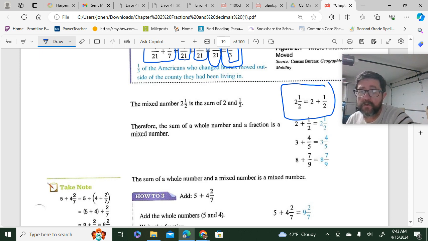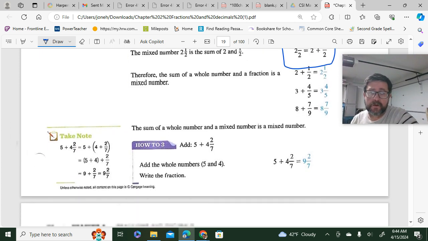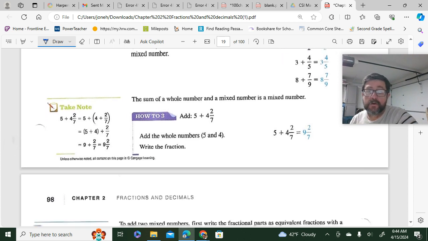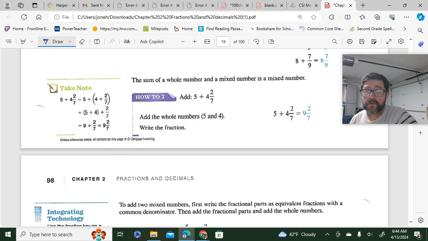So if we take 2 plus a half, it equals 2 and a half. If we go 3 plus 4/5, it equals 3 4/5. When you go 8 plus 7/9, you get 8 7/9. Now we are using mixed numbers.